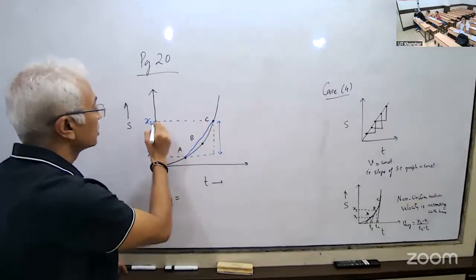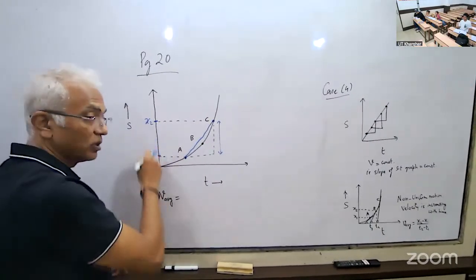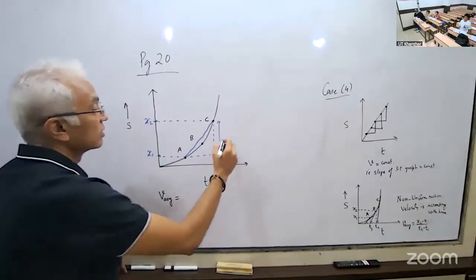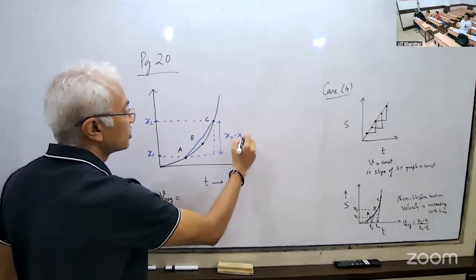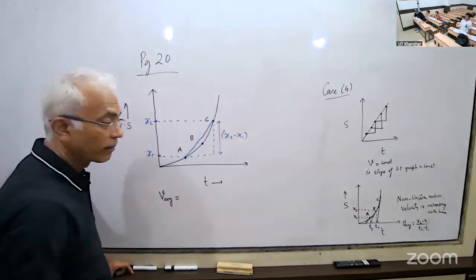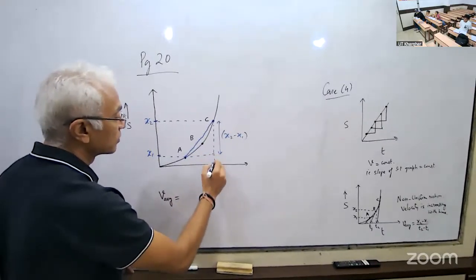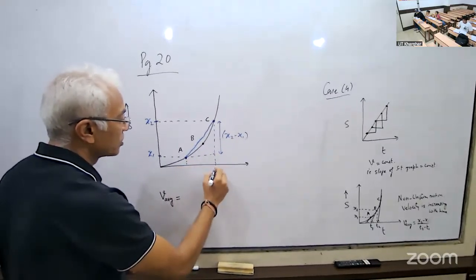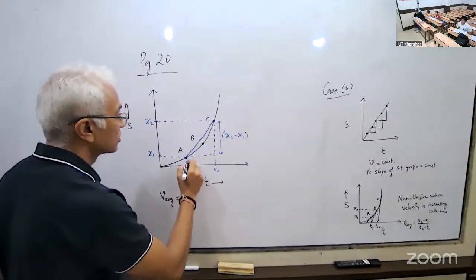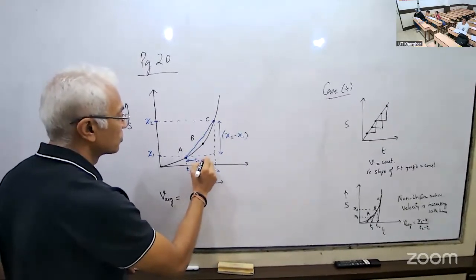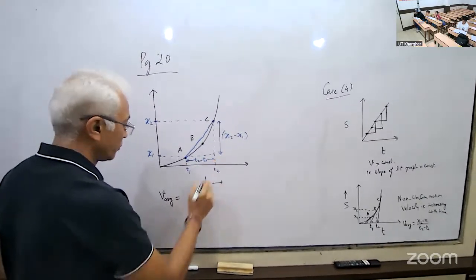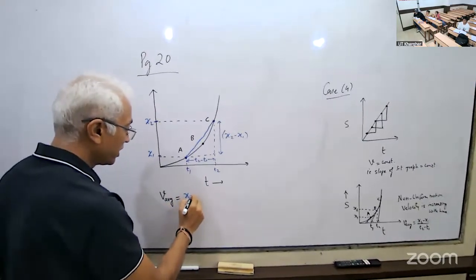x2 and x1. These are the values of displacement on the y-axis. This is x2 minus x1, change in y-axis. And what is this? This is T2 and this is T1. So what is this difference? So V average is calculated like this.